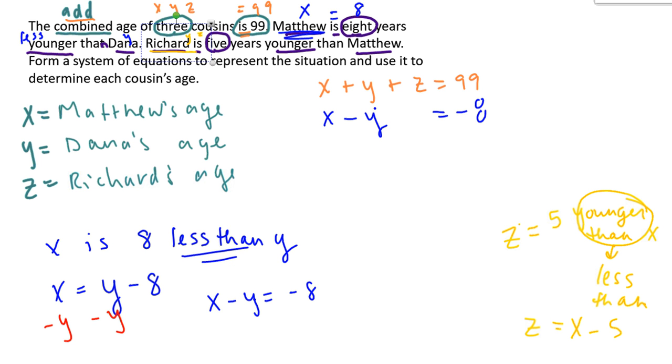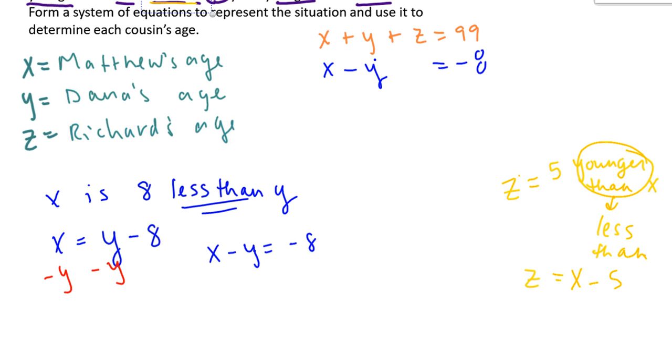Oh, did I mess up over here in the blue one? Dang it, stop, rewind, let's look at it again. I think I put the wrong variables in. So Matthew's X, oh no, that's fine. I think, I hope. Let's solve this one, putting all the variables on one side. So I get negative X plus Z equals negative 5. And again, I'm going to space it out so it's easy to see.